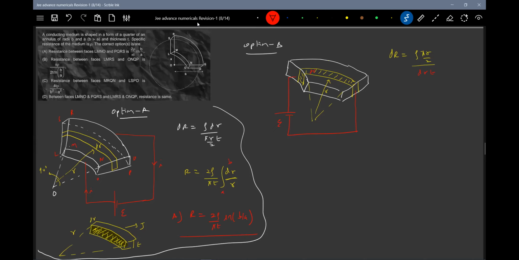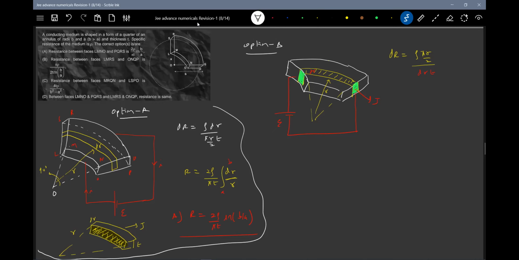Please notice the difference, because the current density here will be perpendicular to this particular strip, I'll shade this. It will be directed perpendicular to it.